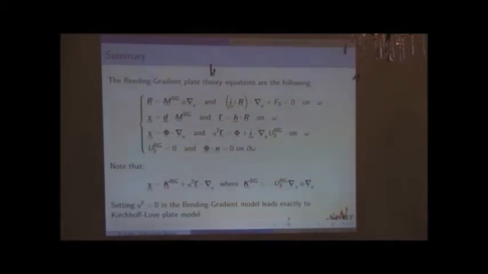If you do that, you can see that the curvature is split into an exact curvature plus a small correction related to the generalized shear. Okay? So obviously, if you set eta to 0, you end up exactly with Kirchhoff-Love plate theory. Alright? That's why I said this new curvature won't be exactly the geometric curvature of the plate.